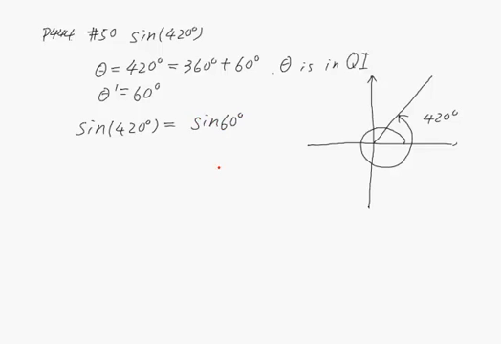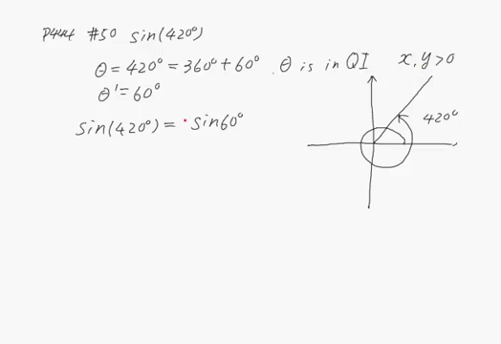So right now, for the second step, we need to determine the sign of this value. And we need to use the position of this angle to determine the sign of sine of 420 degrees. Tell me, in quadrant 1, what is the sign of sine theta? Positive, right? In quadrant 1, you have both x and y positive. So sine theta is just equal to the y value of the point of intersection.